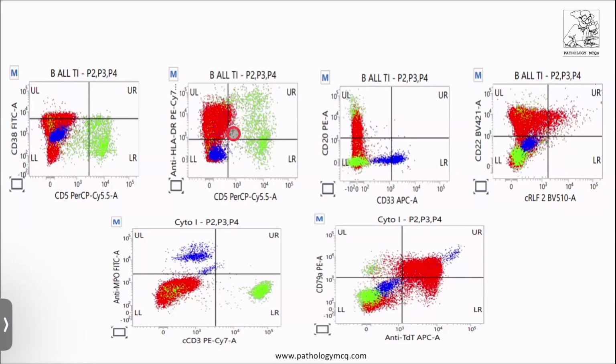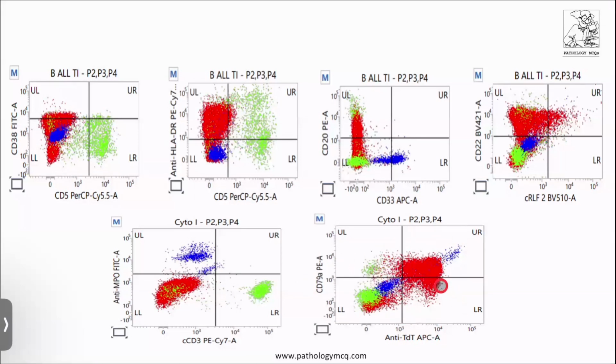Along with that, we have positivity for HLA-DR. We can see a clear cluster being formed with HLA-DR positive cells, and these are CD5 negative. These are CD22 positive. These are TDT positive, which is an immaturity marker again. This is CD79 alpha and TDT co-expressing, meaning that these are possibly B precursors.